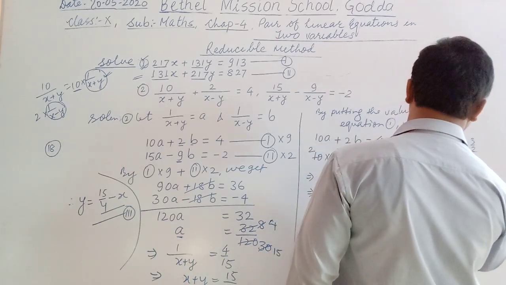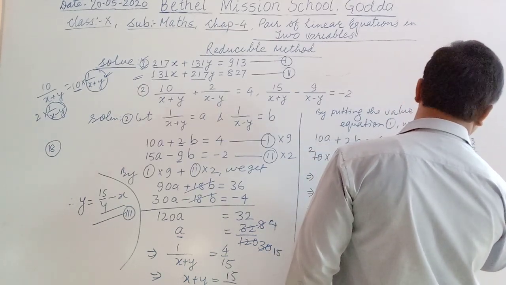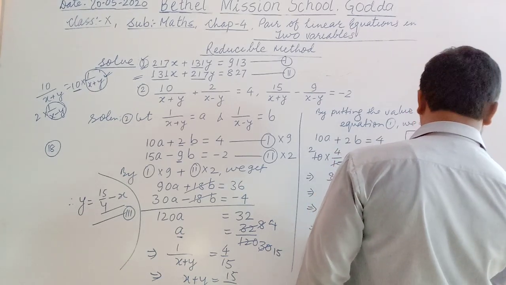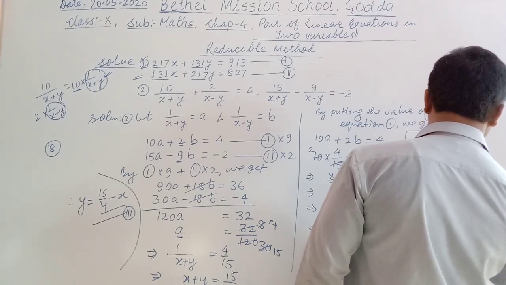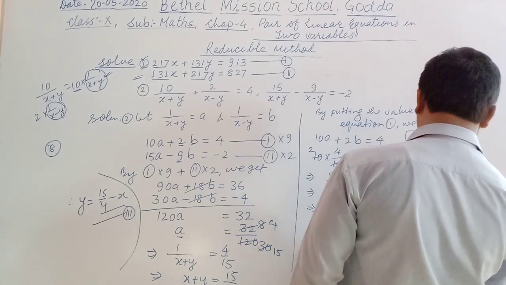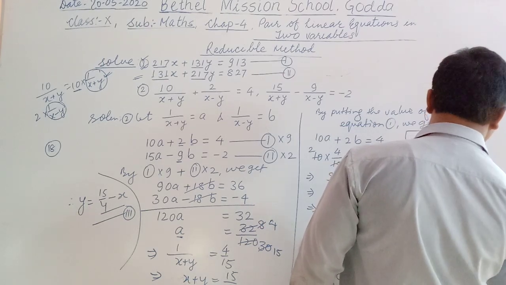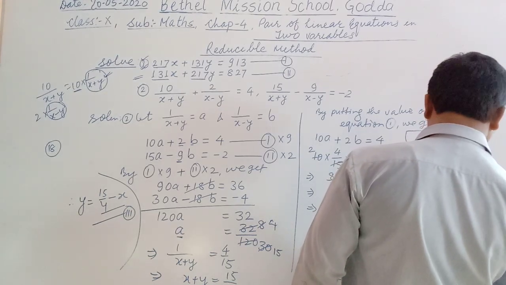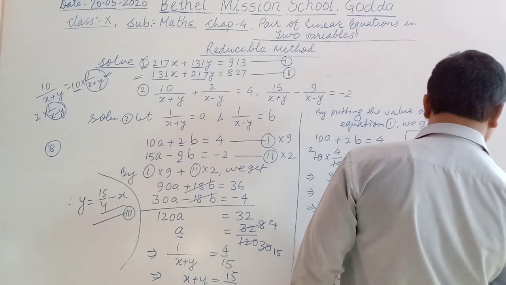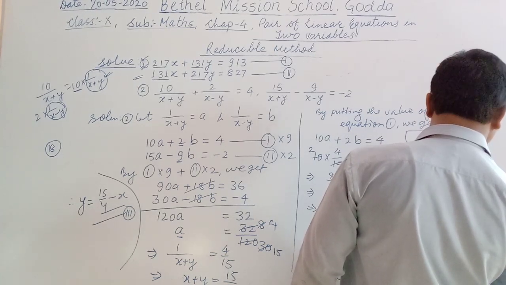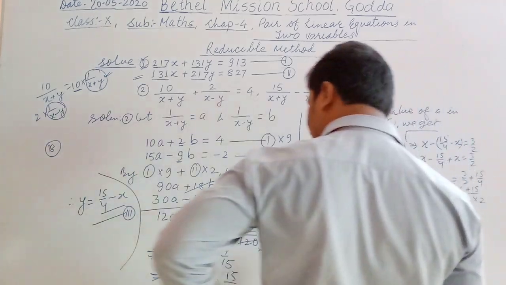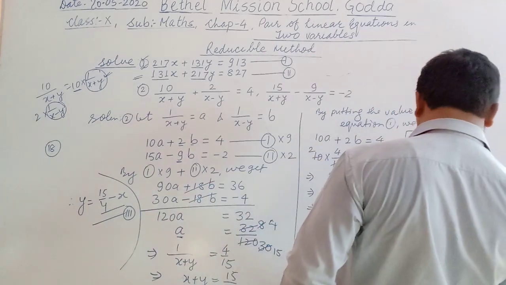The minus enters, so it will be minus 15 by 4 plus x equal to 3 by 2, or 2x equal to 3 by 2 plus 15 by 4, or x equal to (6 plus 15) into 2. 2 goes downside. X equal to 21 upon 8. We got x equal to 21 upon 8.